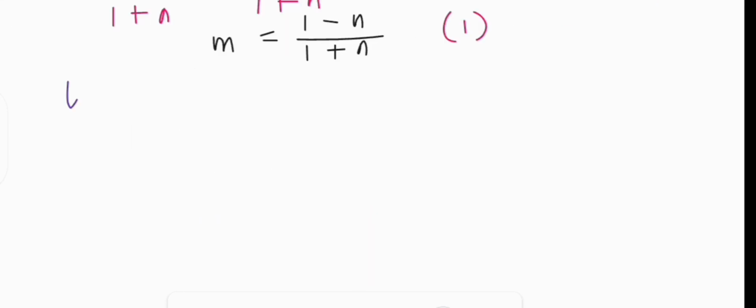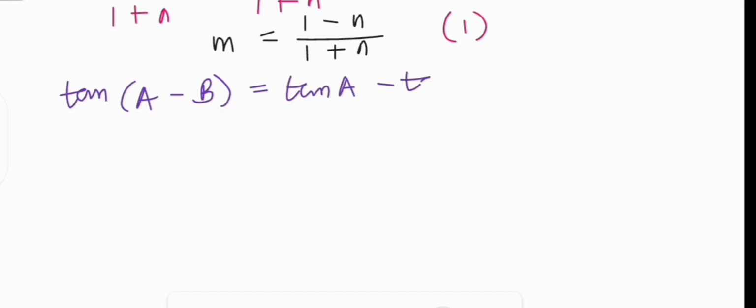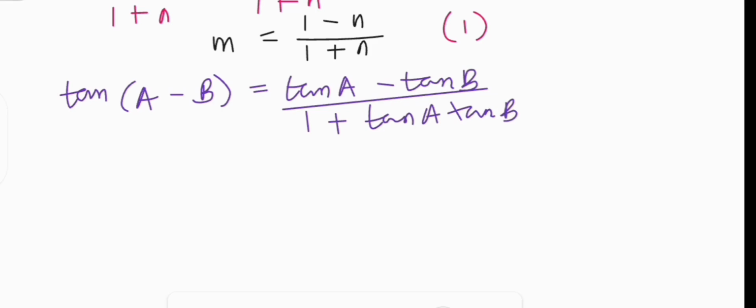Equally, tan(A−B), which is tan A minus tan B rather, over 1 plus tan A tan B, from the problem is 1 over 7.